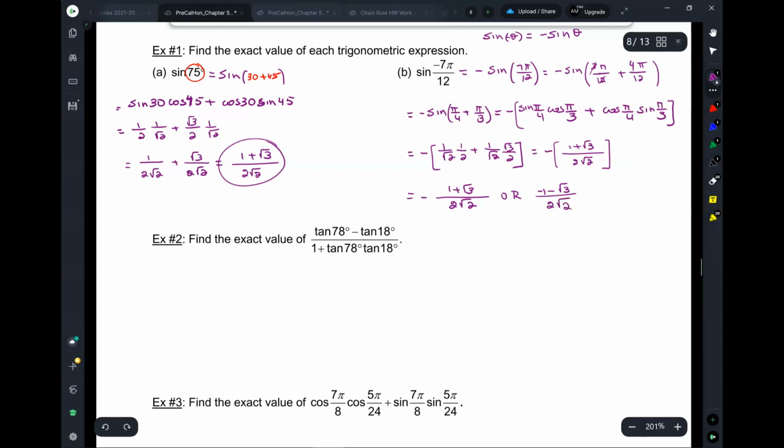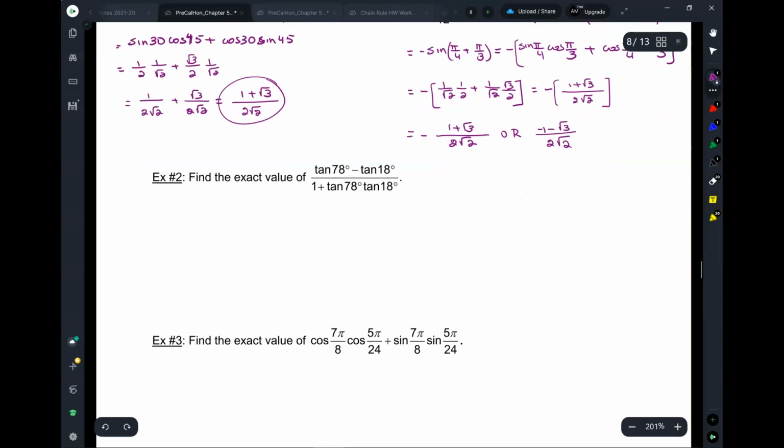Both are equivalent and equally acceptable. Okay? How does that feel? Yeah, I guess it comes with practice.